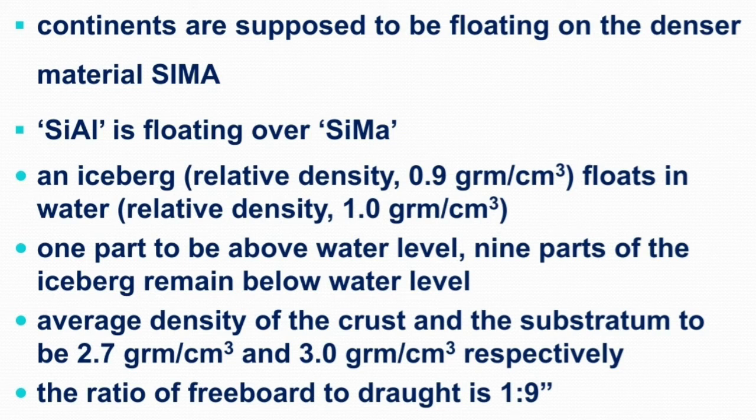In other words, the law of flotation demands that the ratio of freeboard to draught is 1:9. It may be pointed out that Airy did not mention the example of the flotation of icebergs. He simply maintained that the crustal parts, that is land masses, were floating like a boat in the magma of the substratum.